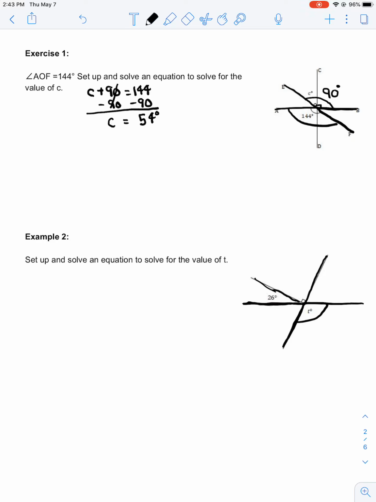So these two angles added together will form the opposite angle. And again, I've got my little box here that's my 90-degree angle. So actually T is going to equal 26 degrees plus 90 degrees. So T actually is going to be 16 degrees because they are vertical angles.